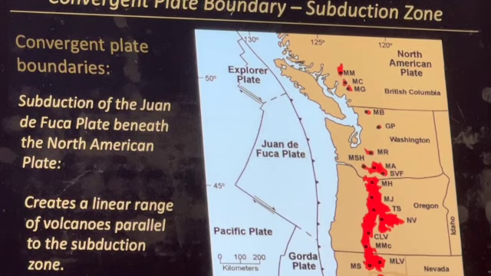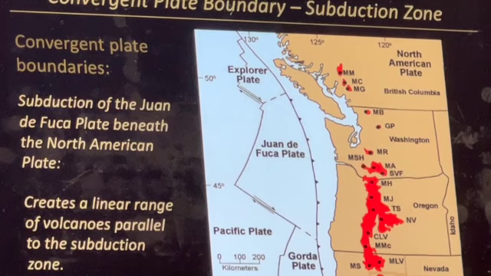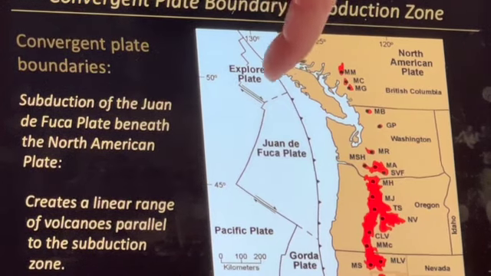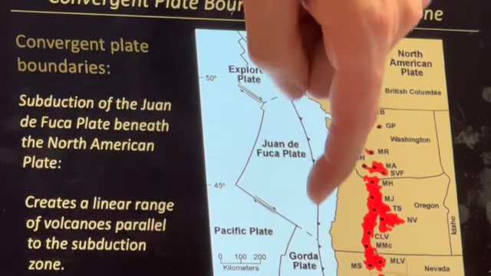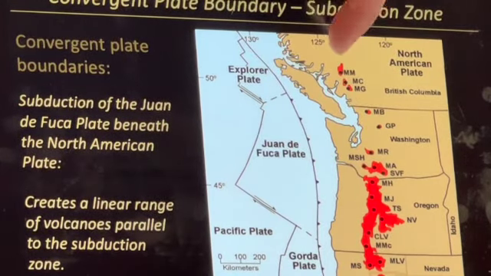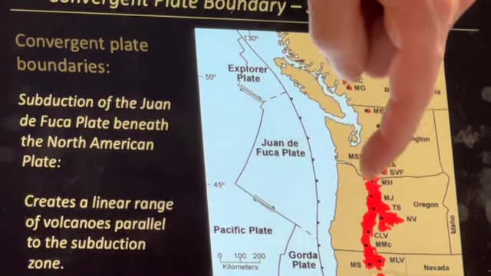So this process creates a linear range of volcanoes that run parallel to the subduction zone. And you can see that in the image. This is the subduction zone. It's offshore of our coastline. But parallel to it, you can see all this red.